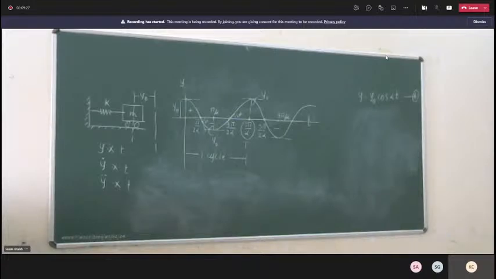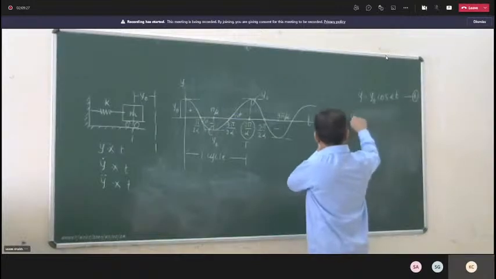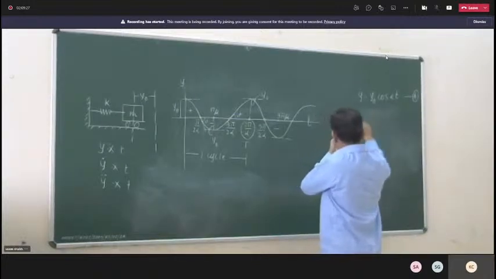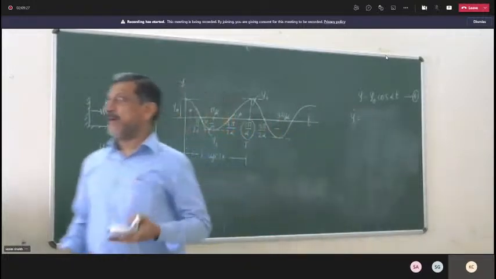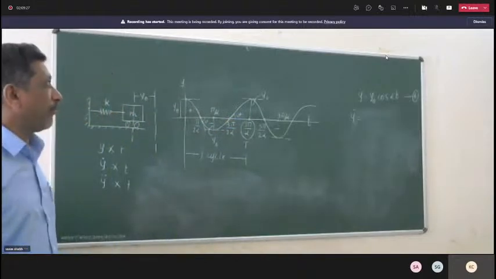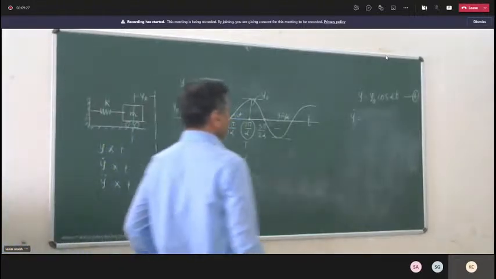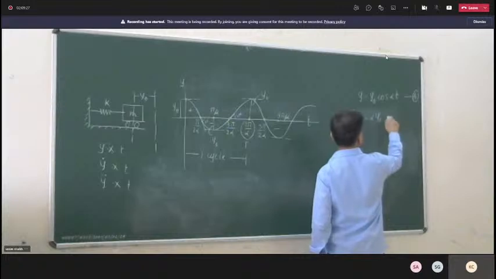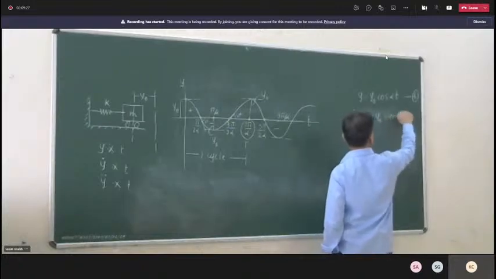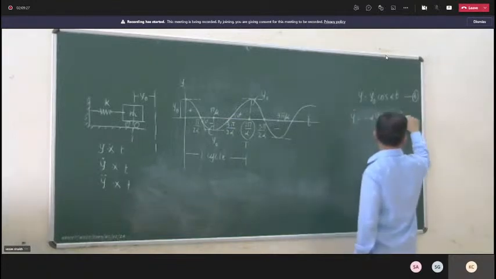Taking derivative of equation 4. Y dot is equal to minus alpha y0 sin alpha t. Let me call this equation 5.